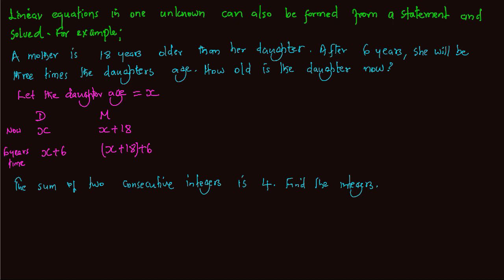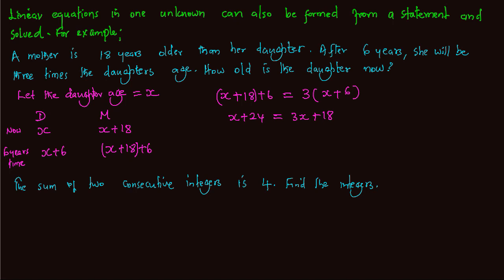And the statement tells us that in 6 years' time, she will be 3 times the daughter's age. So that means that the mother, x plus 18 plus 6 years, will be equal to 3 times the daughter's age, which is 3 times x plus 6. This becomes x plus 24 is equal to 3x plus 18.